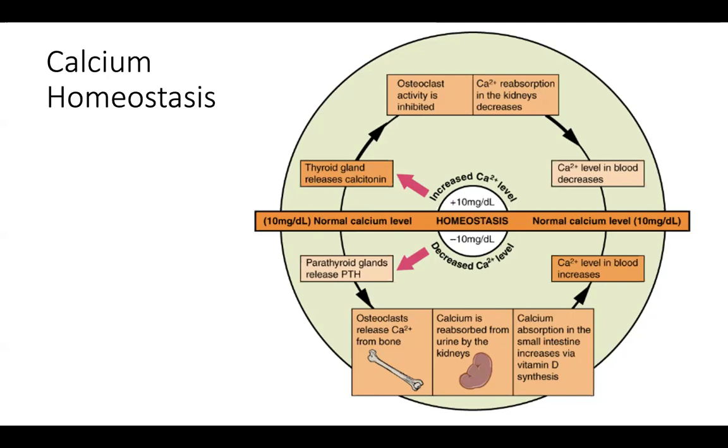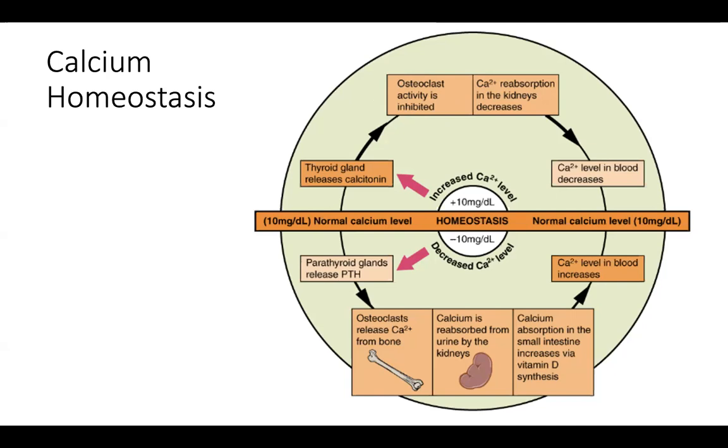That means the osteoclasts are going to be inhibited. So the osteoclasts are the ones that dissolve bone. We don't want bone being dissolved because we don't want any more calcium released. So osteoclasts are inhibited. And then that's going to, which I didn't really talk about, lead to decreased reabsorption of calcium in the kidneys.